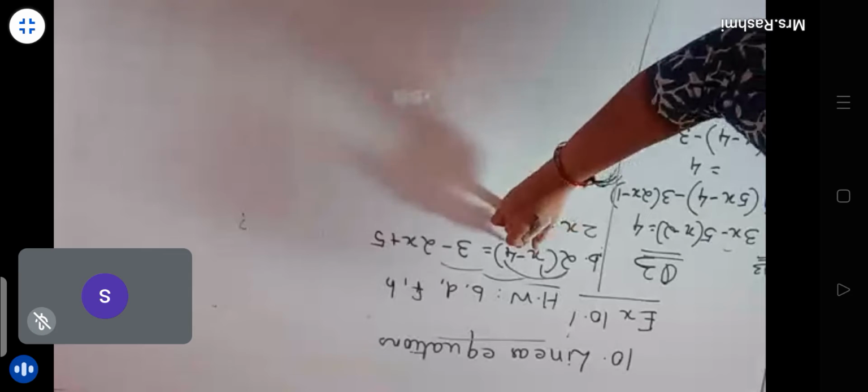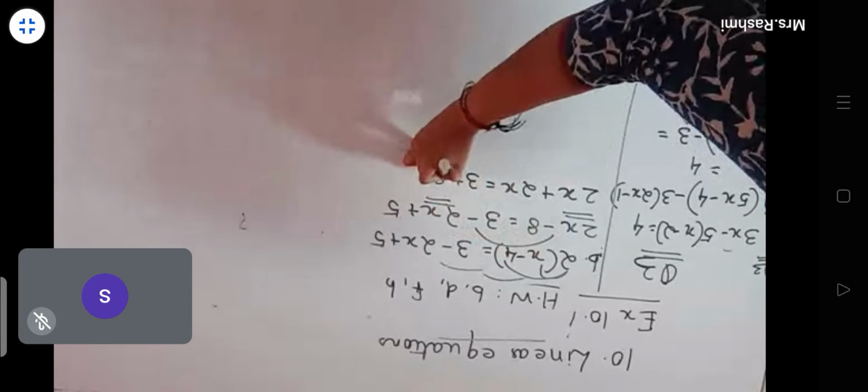Now here, you're going to multiply this and this. So 2 into x minus 2 into 8, 2x minus 8. 3 minus 2x plus 5. Now you're going to take all the variables to one place and all the numbers to the other place. So my minus 2x, when it comes here, becomes positive, plus 2x.